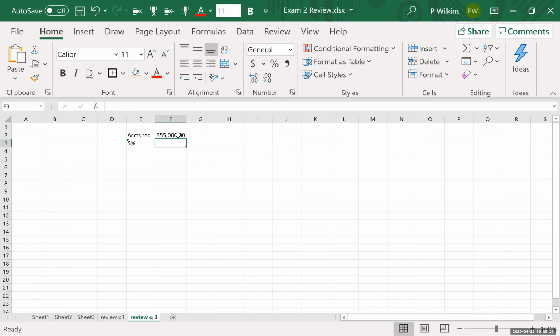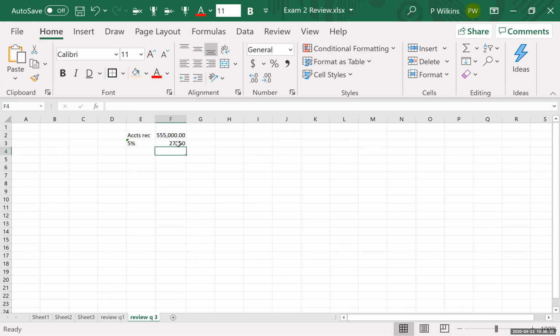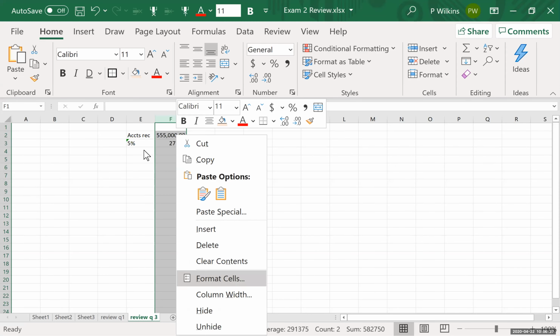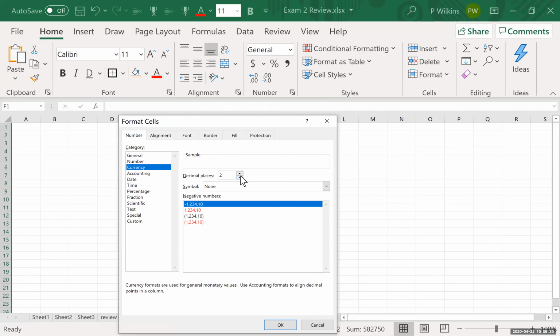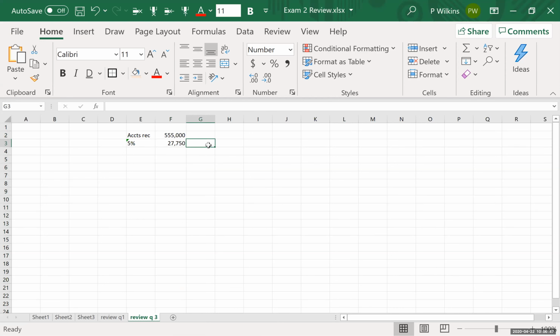So if we take $555,000 times 5%, we get, let me change this to money. So we're looking at the same thing here. Okay, we get $27,750. That's what we want the number to be, okay?